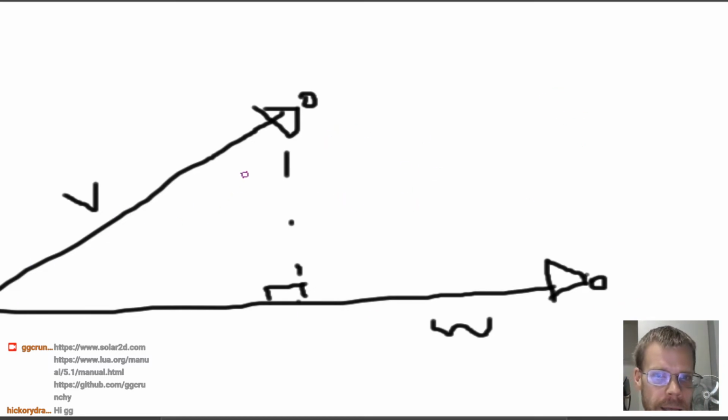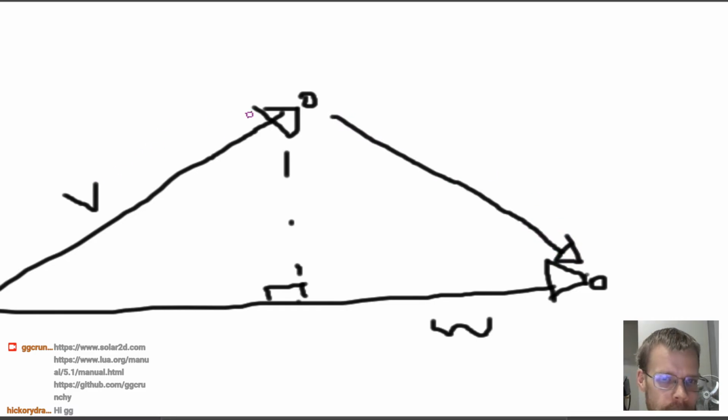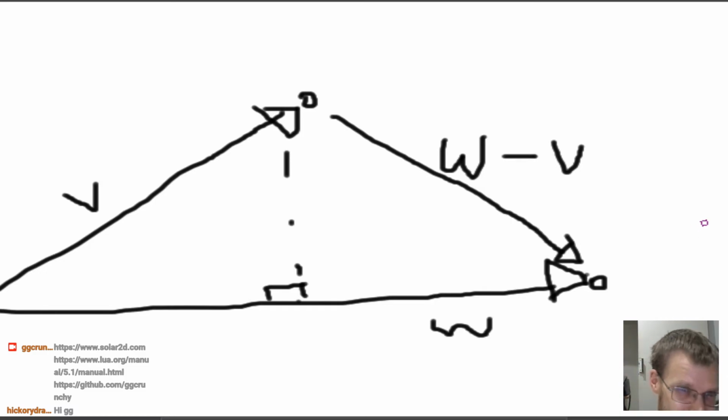And if we took V and added to it, we would land down on W. So V plus X, but since we're going V plus X, instead of calling it X, we could call this W minus V, because if we add W minus V to V, we get W. And you can work out, because these are just X and Y, if you work all this out, it actually is just addition. So we'll just assume that at the moment.